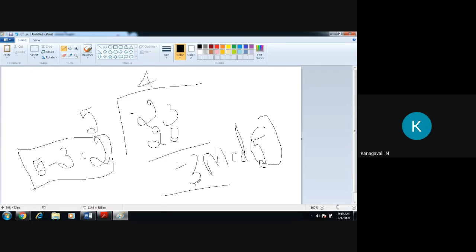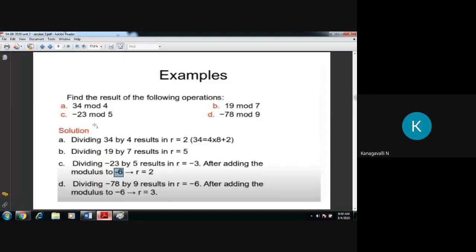But in modulo arithmetic, your result is only a positive number. So once again you have to take minus 3 mod 5. Once again you have to add this modulo n, not just 5. Whatever is in your question, you have to add it to your remainder. So 5 minus 3, your result is 2. Any doubt in this part? Any doubt?